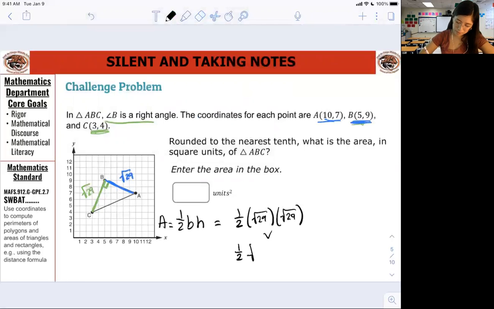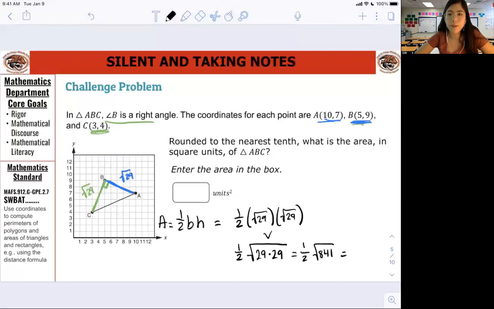We can multiply them together. 29 times 29, what's that? 841.